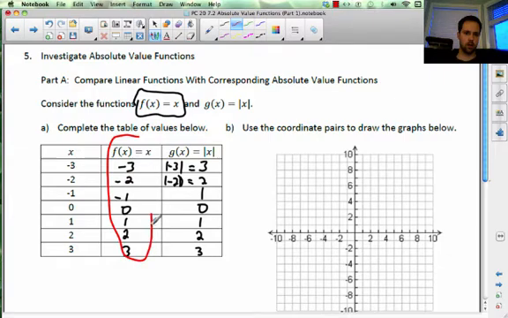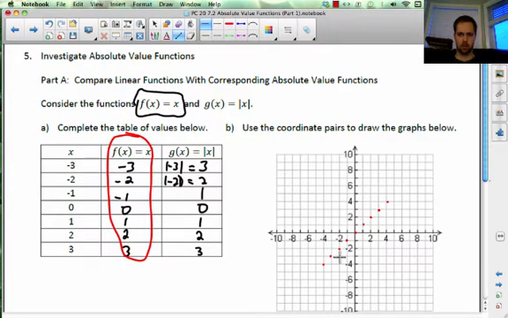So basically, what we have then for the original linear function, we have points like that, and they make a line. And for our absolute value function, everything's positive.